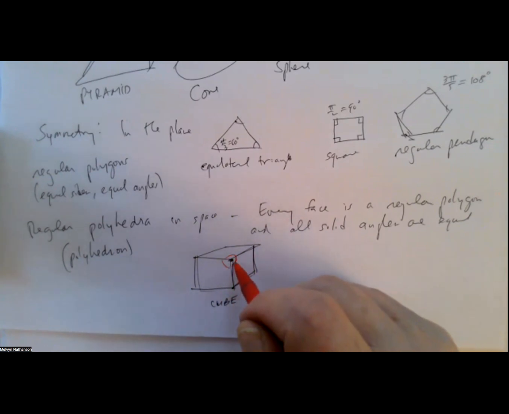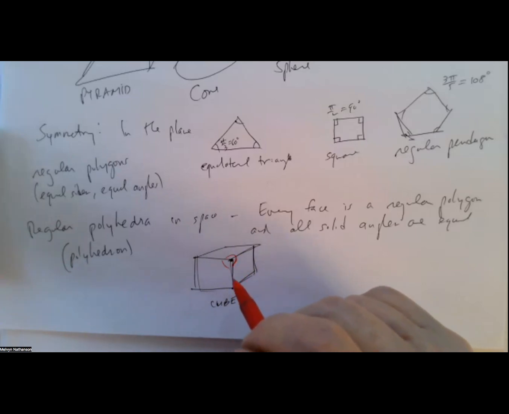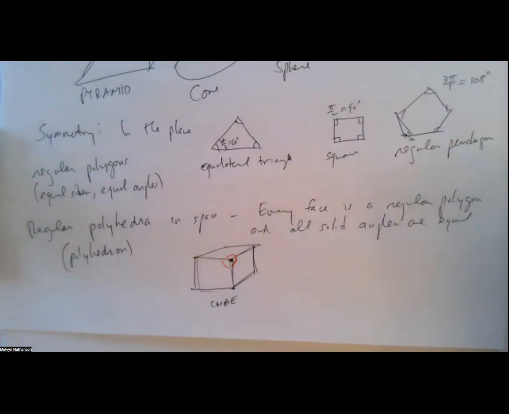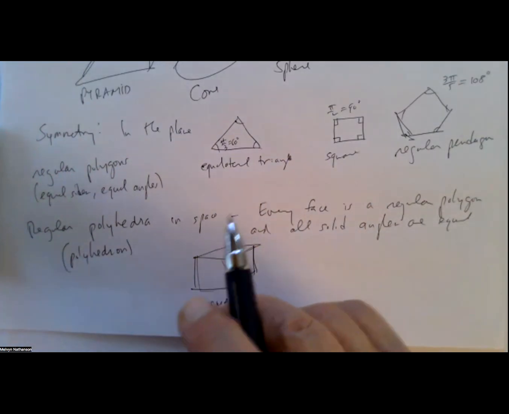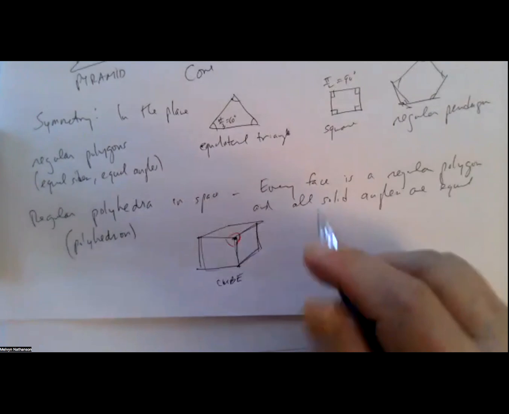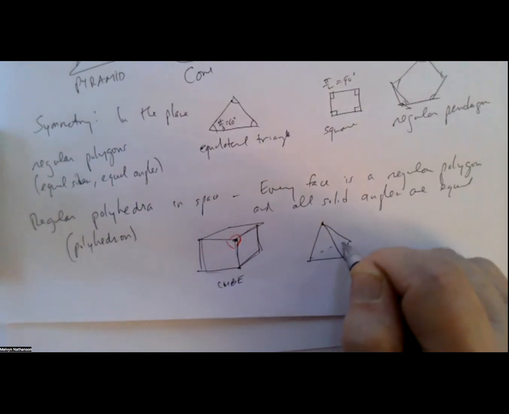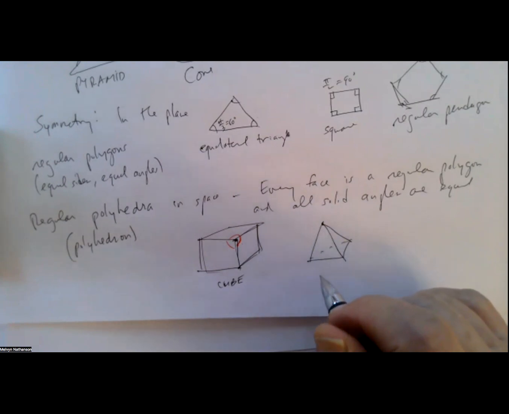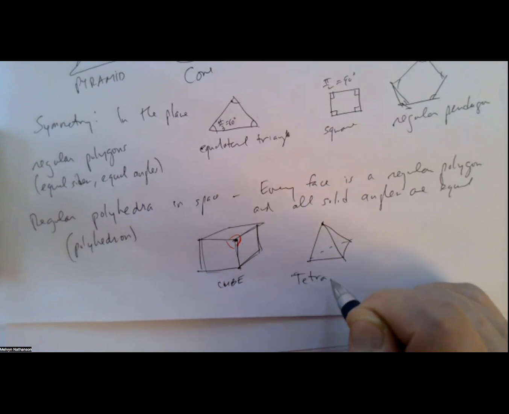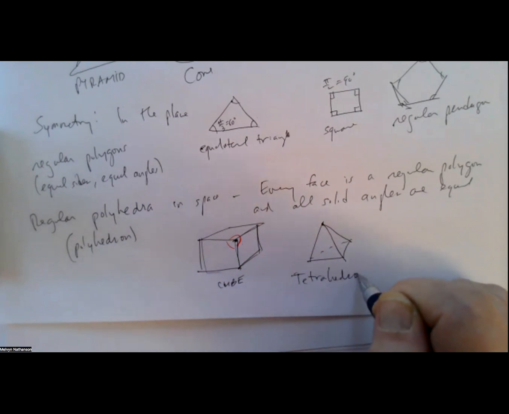So each face has a right angle at the vertex, and the sum is 3 right angles, which is 3 pi over 2 or 270 degrees. And that's the same at every vertex. Another regular polyhedron has every face an equilateral triangle. There are four faces, and four in Greek is tetra. This is the tetrahedron.